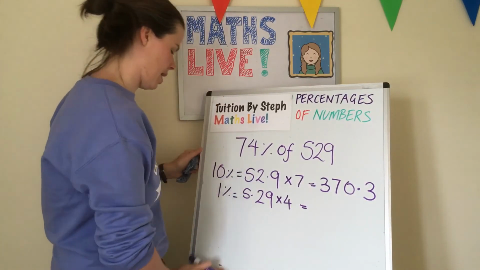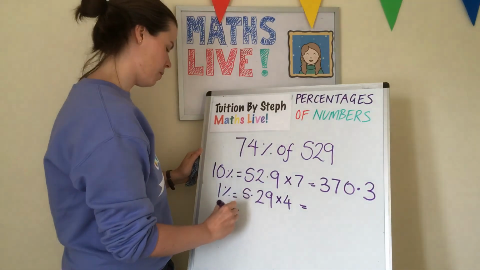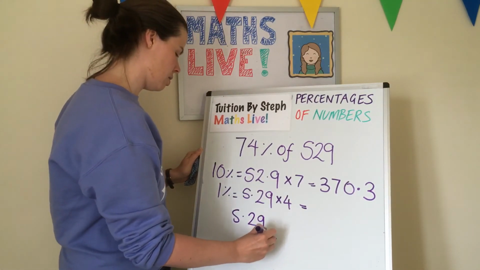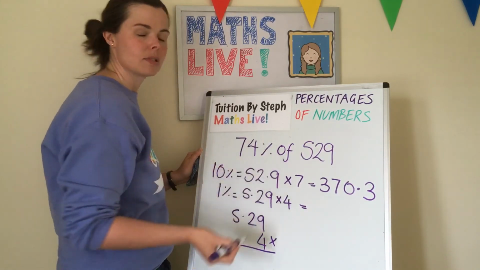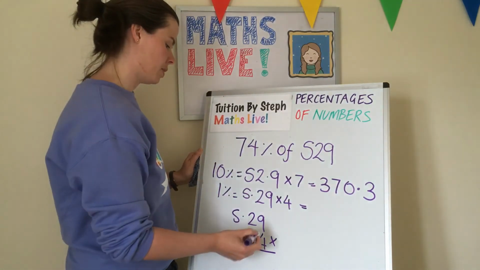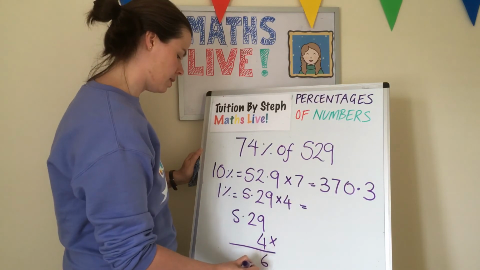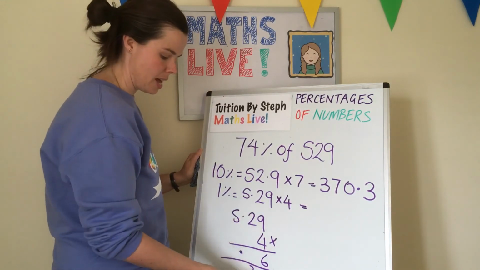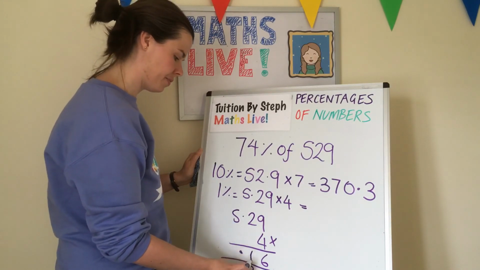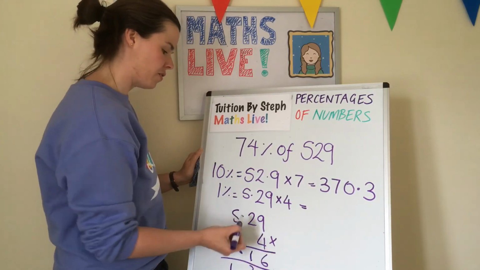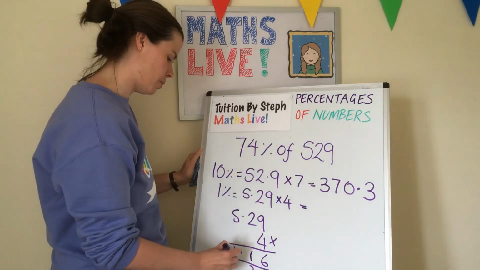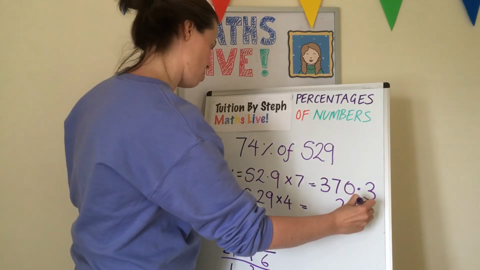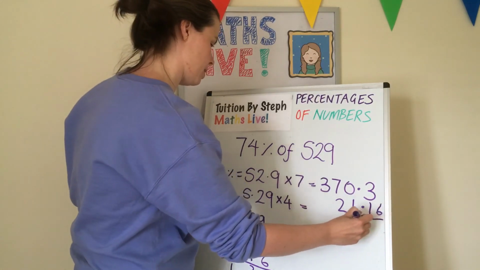Okay. And then 1%, we need to do 4 lots of our 1% to make it 4%. So 9 fours are 36, 2 fours are 8, 9, 10, 11, 5 fours are 20, plus the 1 is 21, so it's 21.16, squeeze that 6 in the end.